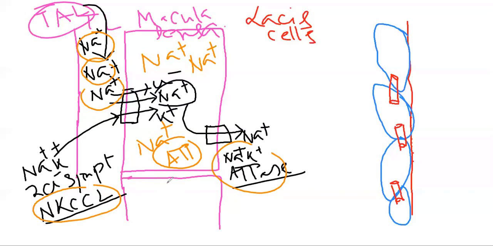So this ATP will come out through the macula densa by the Pannexin channel, by which this ATP will come out to the Lacis cell or extraglomerular mesangial cell, or this ATP can be converted into adenosine.